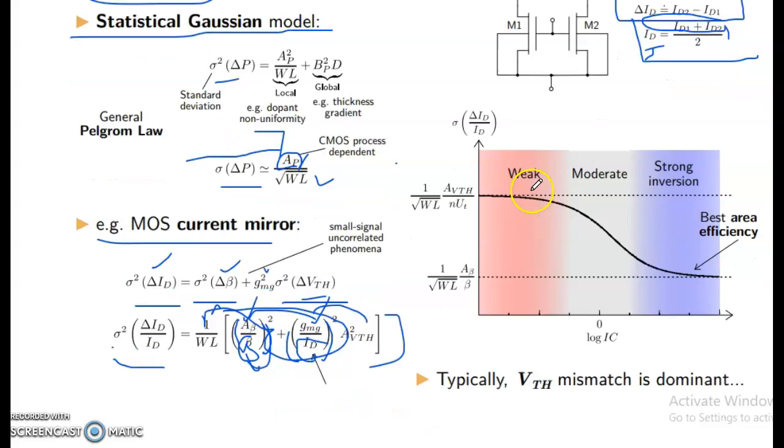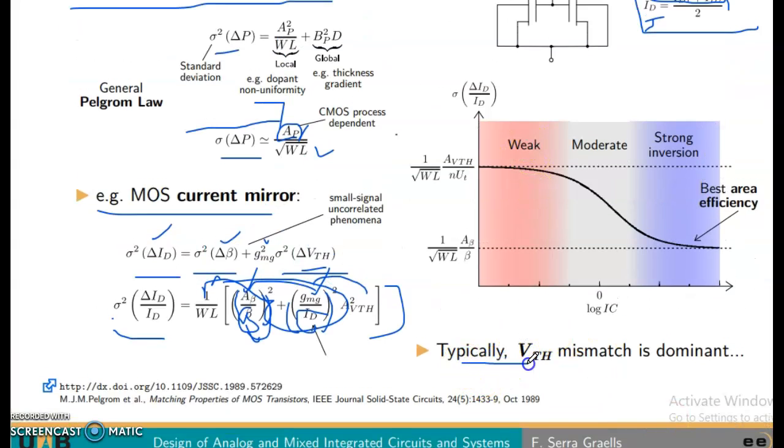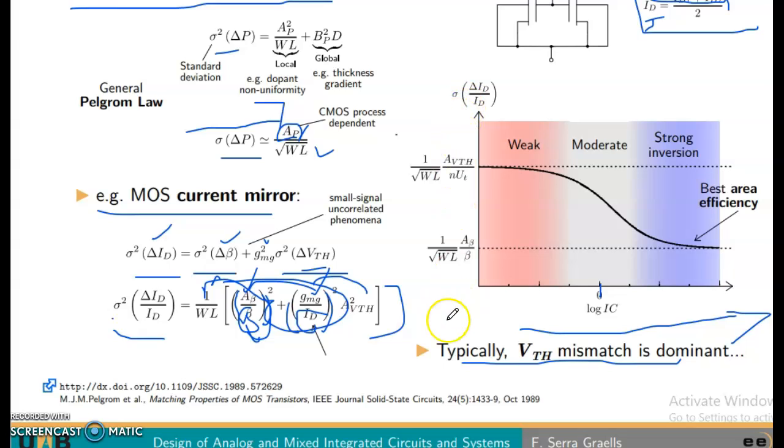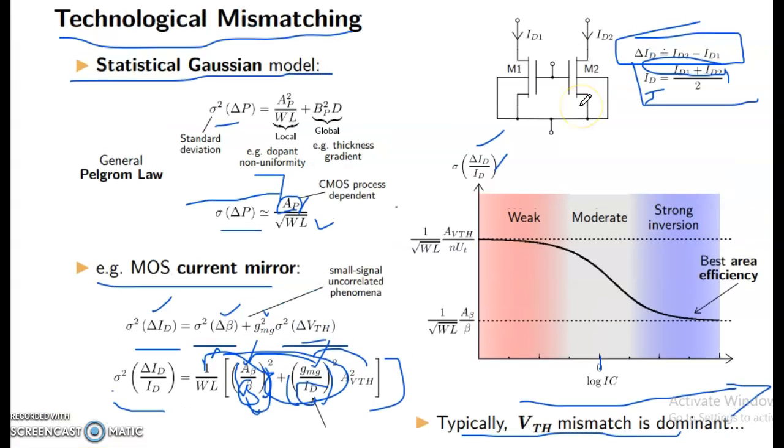Here typically V_TH mismatch is dominant. In the x-axis is log IC, starting from 0. In the y-axis is sigma of delta I_D divided by I_D, the change in I_D divided by I_D.